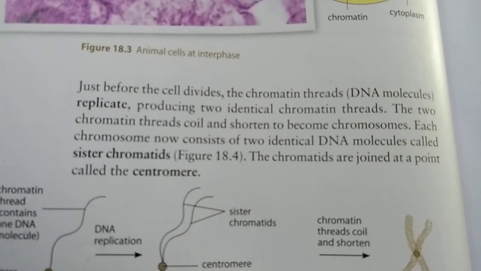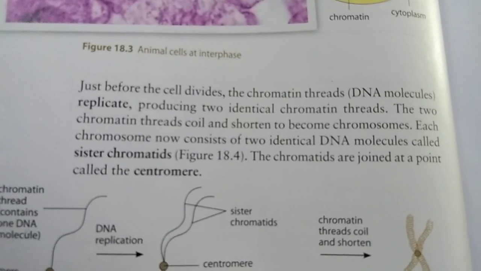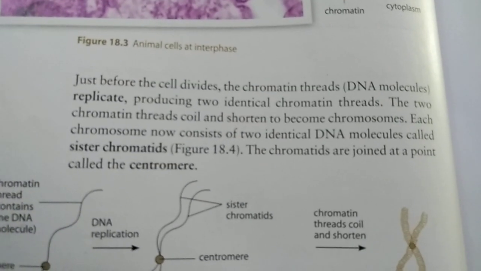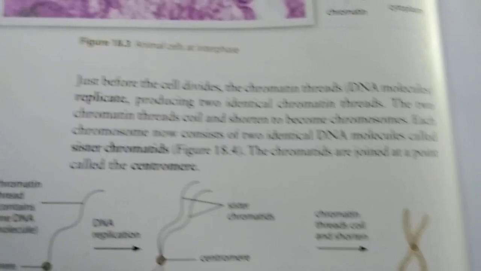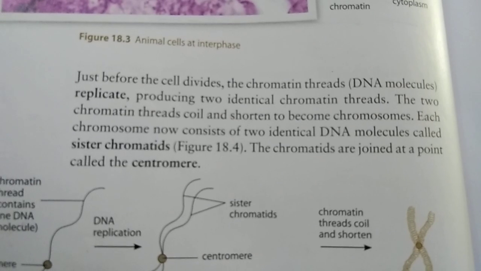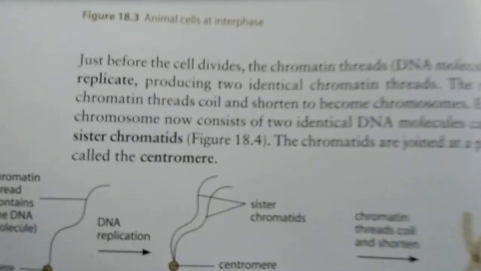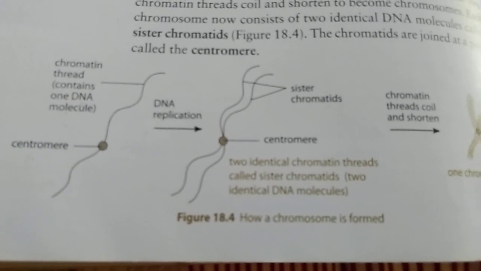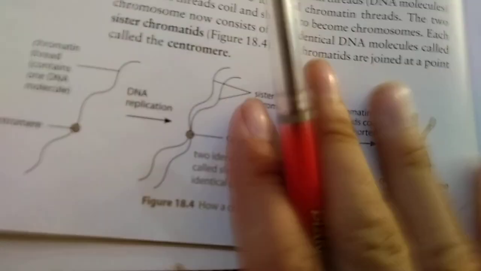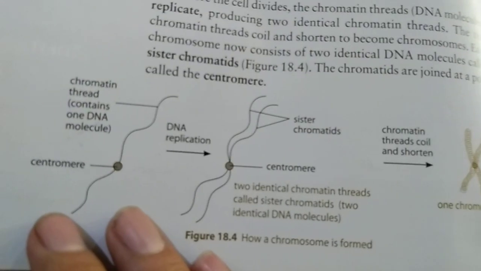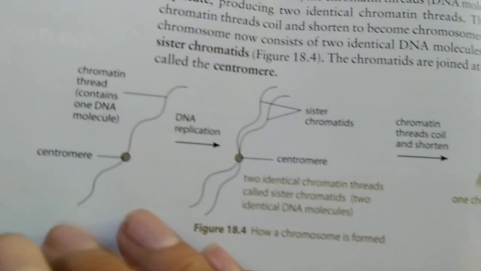Here we discuss chromatin. Chromatin shortens and becomes dense to form chromosomes, and the two identical parts of a chromosome are called sister chromatids. Now we look at these diagrams to understand chromatin, sister chromatids, and the centromere.